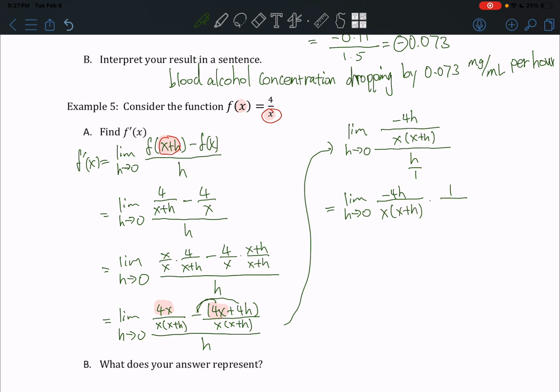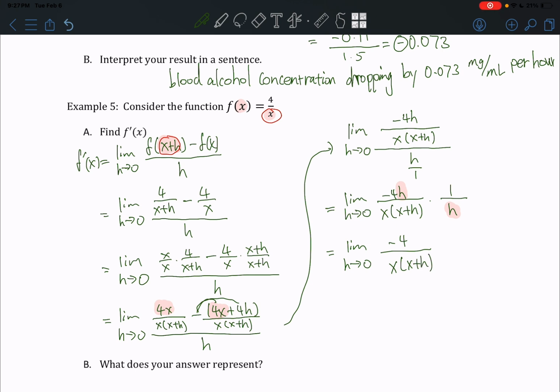So I have negative 4h over x times x plus h, times 1 over h now. And now I can see that the h is going to cancel out. So I have the limit as h approaches 0, negative 4 on top, all over x times x plus h.